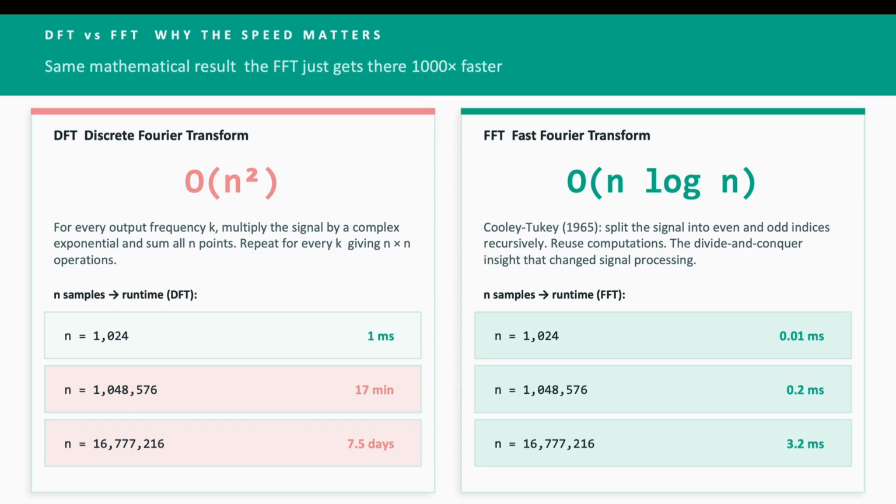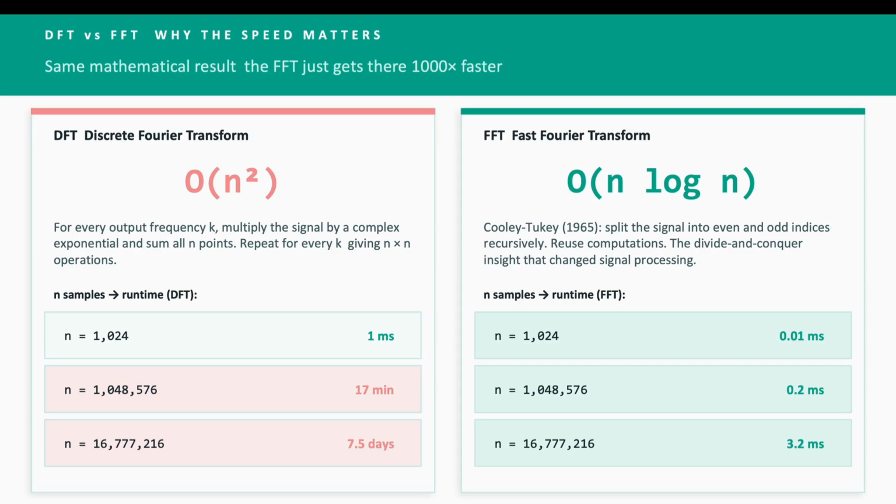This divide and conquer insight reduces O of n squared to O of n log n. Look at the right panel now. We have 1024 samples, 0.01 milliseconds. 1 million samples, 0.2 milliseconds. 16 million samples, 3.2 milliseconds.